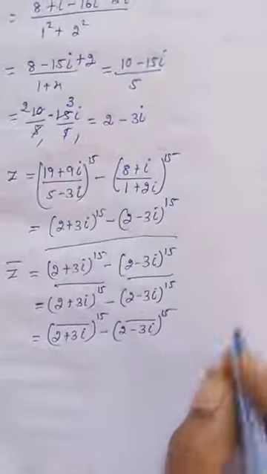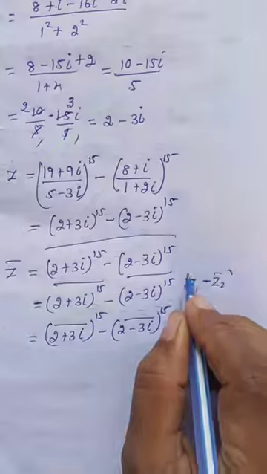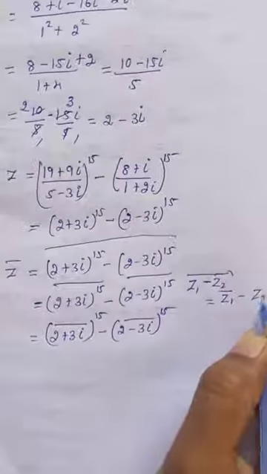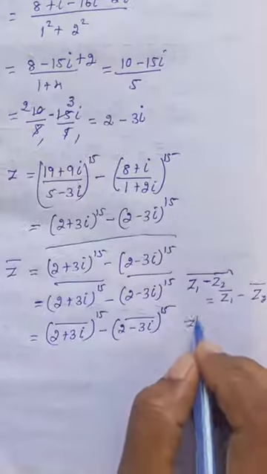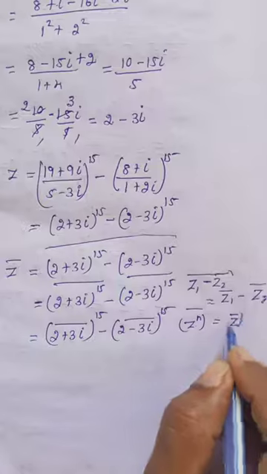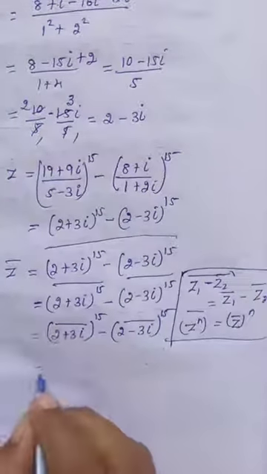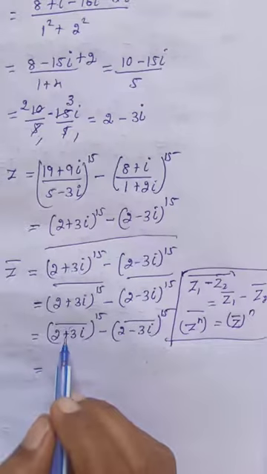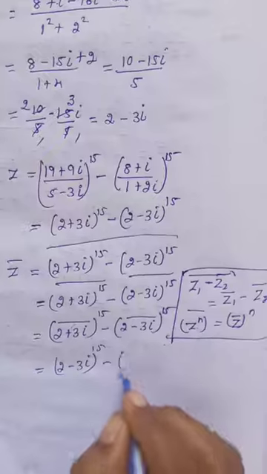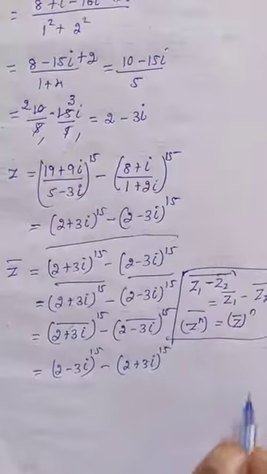For all this, if you want, you can write: (Z1 - Z2) bar is equal to Z1 bar minus Z2 bar. The next thing is (Z^n) bar can be written as (Z bar)^n. Now this conjugate we know. Plus will become minus, isn't it? So (2 - 3i)^15 minus (2 + 3i)^15.